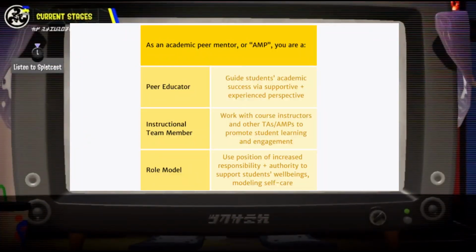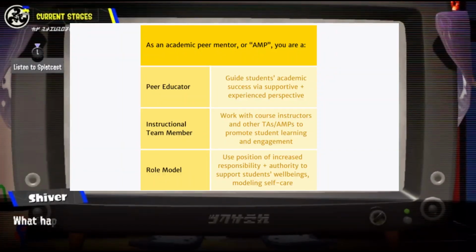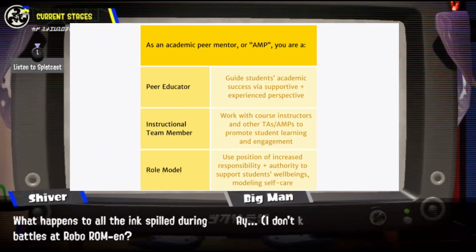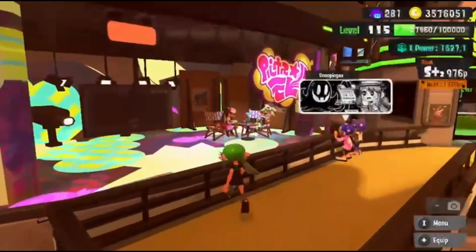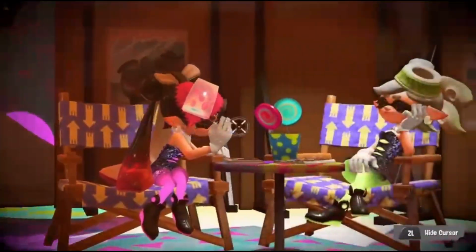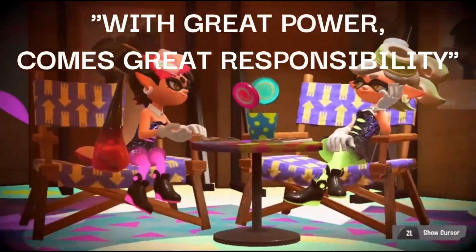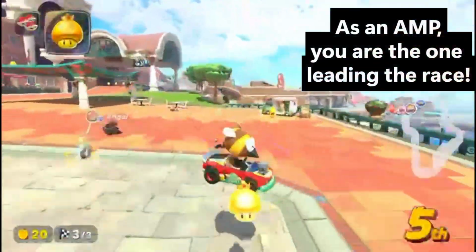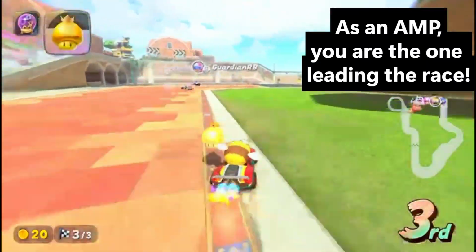And most importantly, you will be a role model. You need to be using this position of increased responsibility plus authority to support students' well-being and model self-care. So, just like Uncle Ben from Spider-Man used to say, with great power comes great responsibility. As an AMP, you now have that power over students. But what you need to do is be a role model for them.